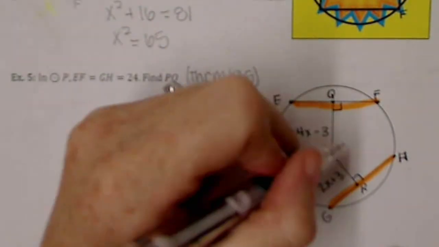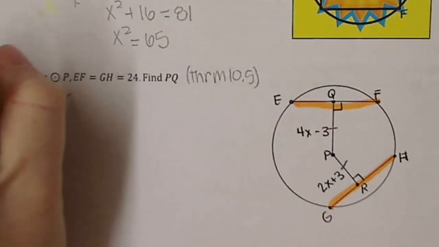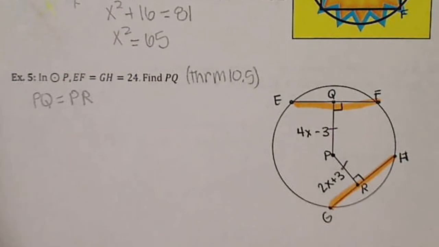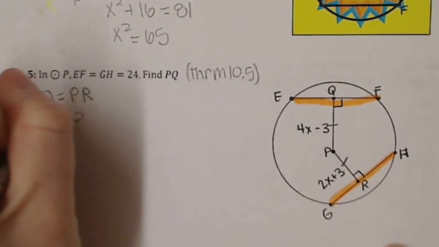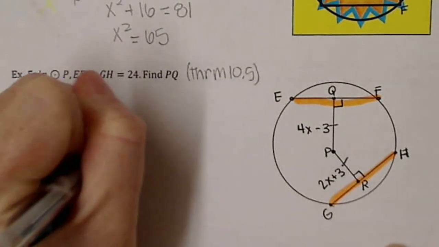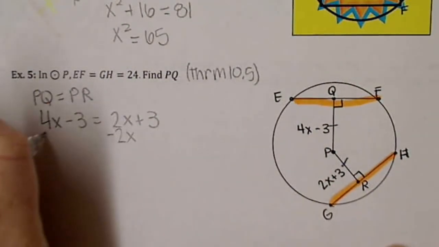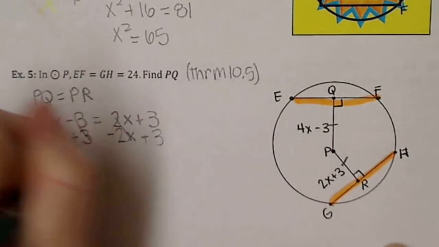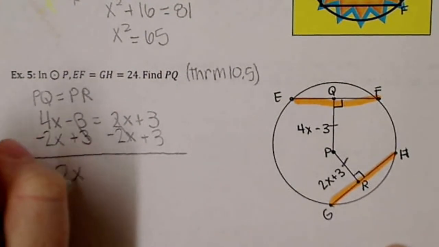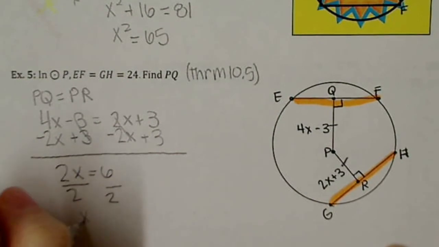Because they're equidistant, that means PQ and PR are also equal. Since those two are equal, let's set our equations equal to each other. 4x minus 3 equals 2x plus 3. Let's solve for x. We get 2x equals 6. Divided by 2, x equals 3.